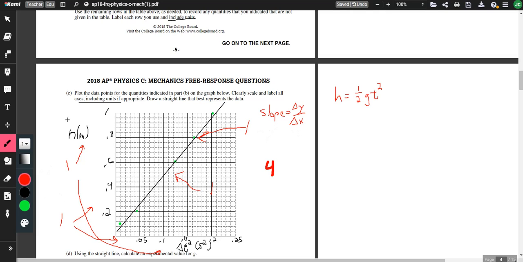So my y value is h and my x value is t squared. So slope is essentially going to be h divided by t squared. Well, if I write the equation as h divided by t squared, I have on the other side 1/2 g. So what I can say is slope equals half g.